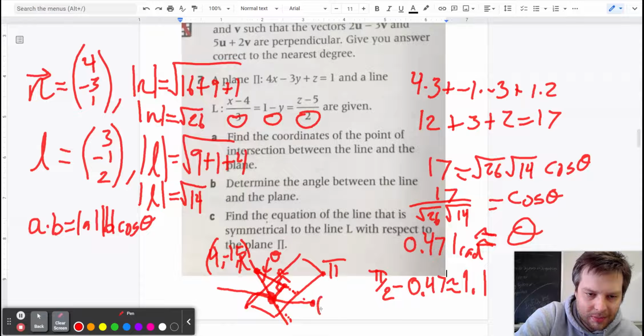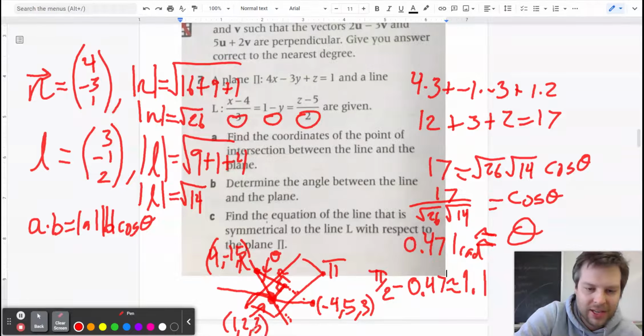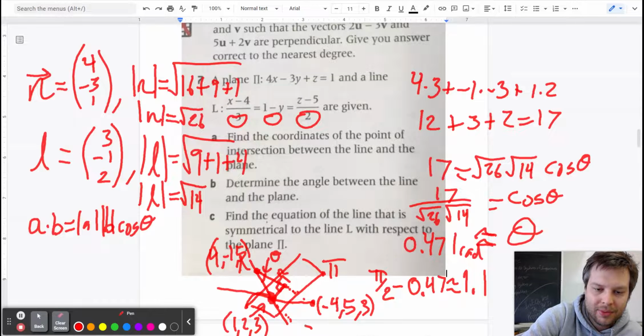That would get me to the point -4, because I took away 4 twice, so I took away 8. I'm going to add 6, so that'd be +5, and I'll take away 2. That point would be on the other side of the plane, and then I can use that with my point of intersection, 1, 2, 3, to create a new direction vector. My new direction vector would be -5, 3, 0.